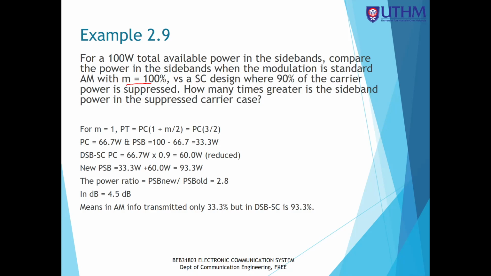So initially we have the double sideband full carrier with m equal to 100%, and then we suppress the carrier for 90%. That means the remaining carrier becomes 10%. And we have the upper and lower sideband.